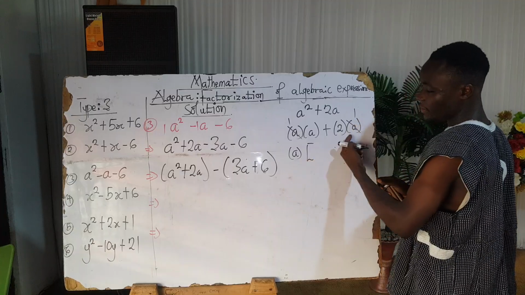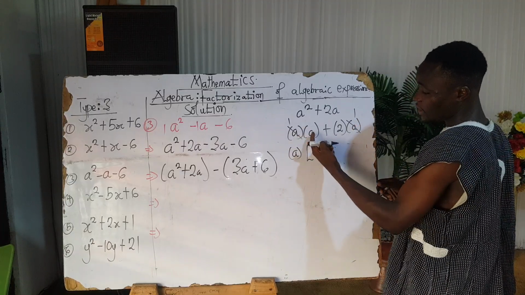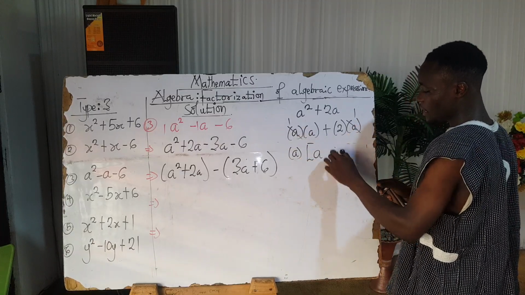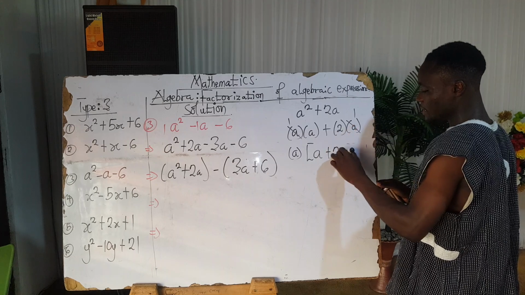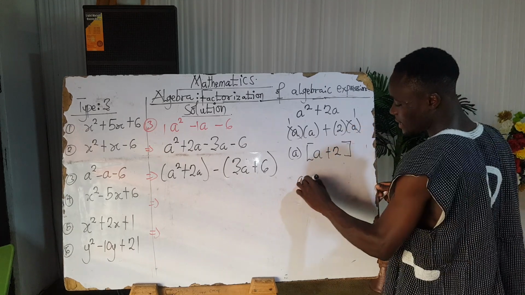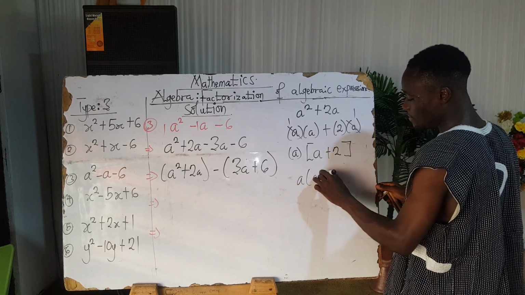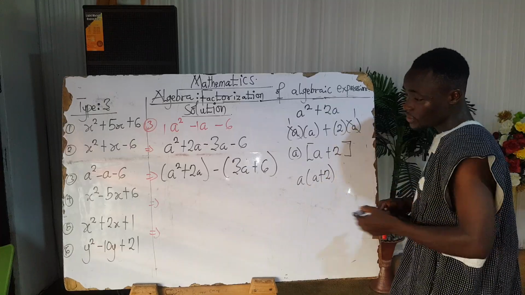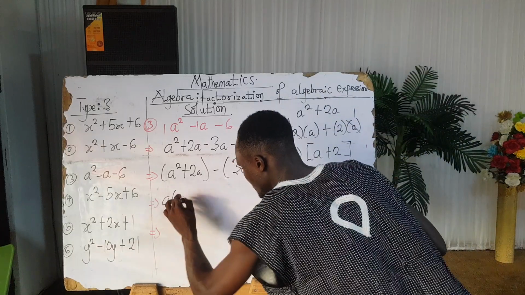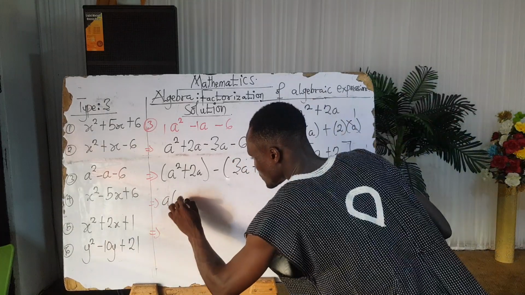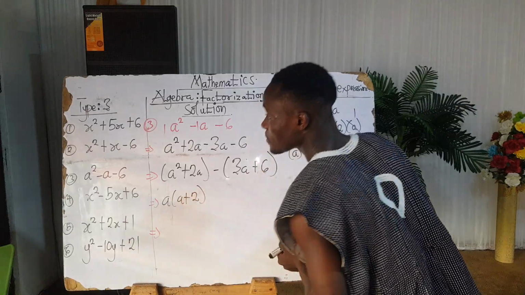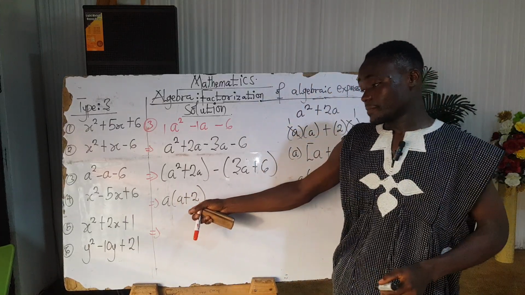So a multiplies the uncommon terms, which are a plus 2. Writing down my answer, I'm getting a, bracket open, a plus 2.